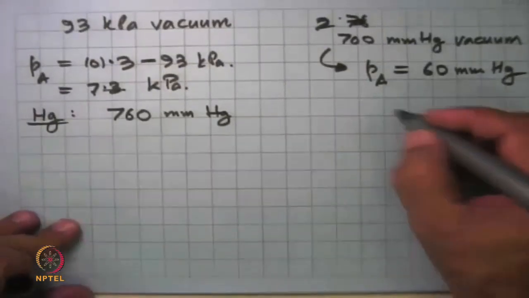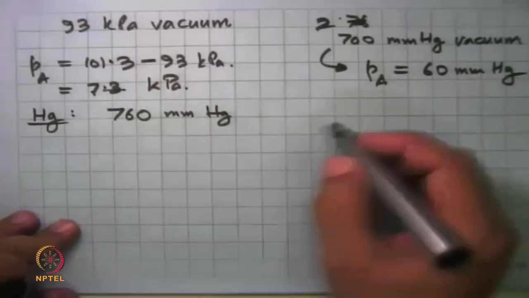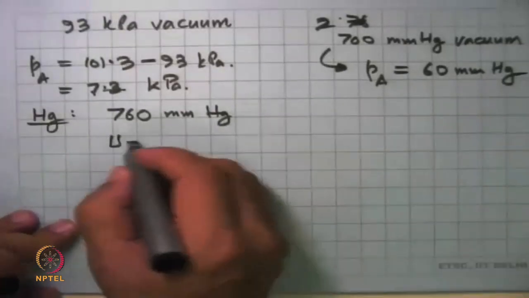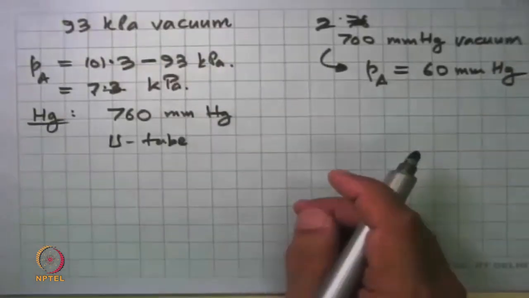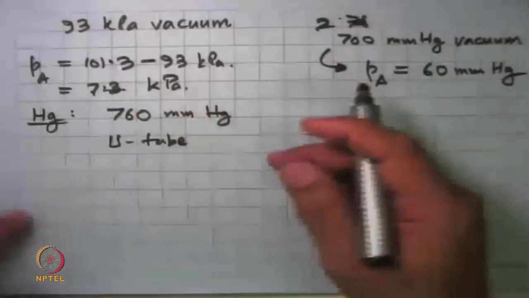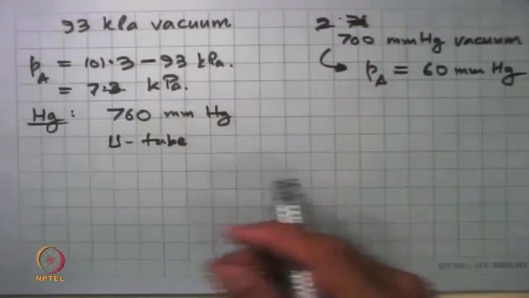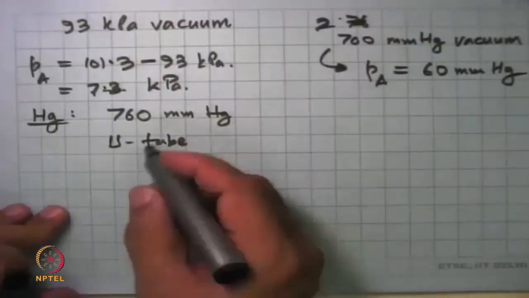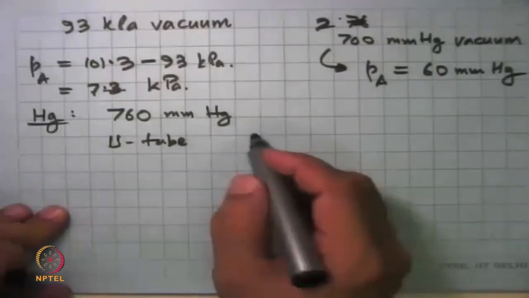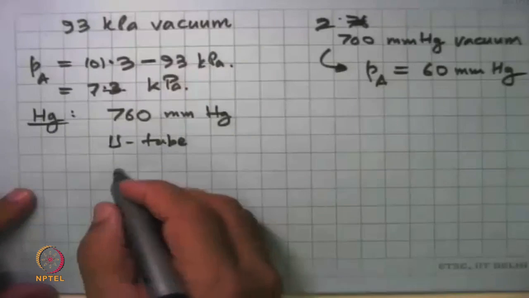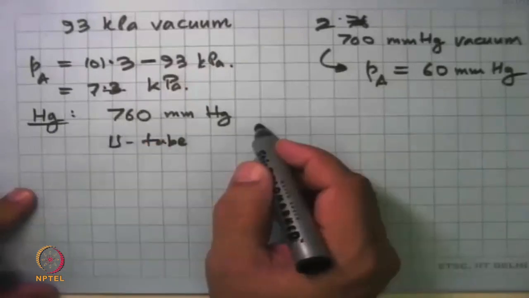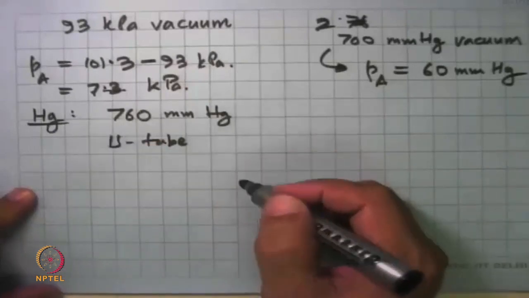And to measure pressures above atmospheric pressure, we can use a device like a U-tube manometer. For pressures of up to maybe a meter or so, the manometer height will not be too long, so that is possible. But for pressures more than that, we cannot use U-tube manometers, and expressing pressure in millimeters of mercury is not convenient at all.